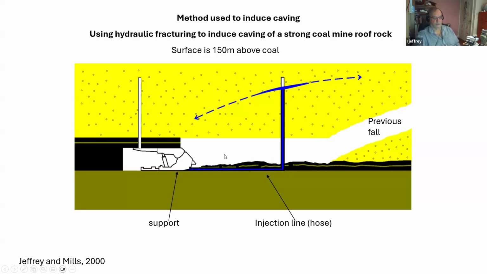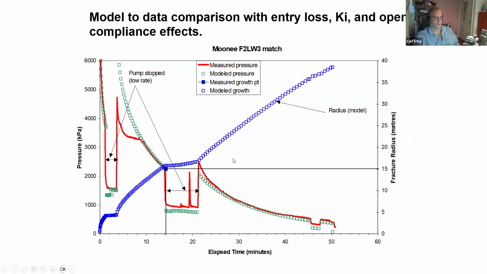And then at this point, they advanced 40 meters and they can create a hydraulic fracture in the roof to induce a caving event. And they used that successfully for the rest of the mine life, and it managed to save the mine, which was on warning from the state safety people that they had to find a better solution to their wind blast problem.